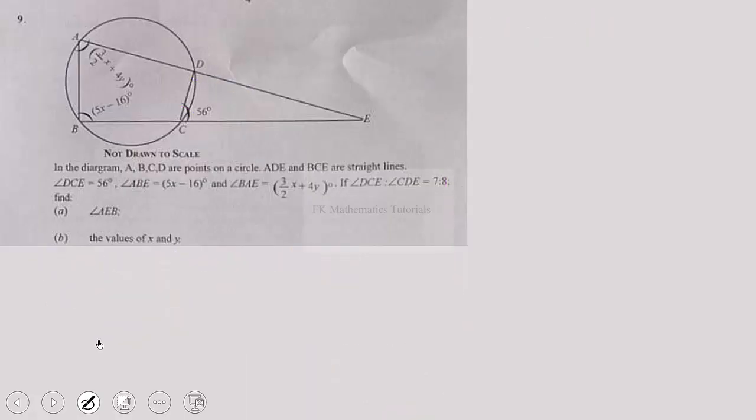So to find angle AEB, this angle over here, this is what we need to do. We know that this angle and this angle will be 180. So this will be 124 degrees. And this one will be 116 degrees.